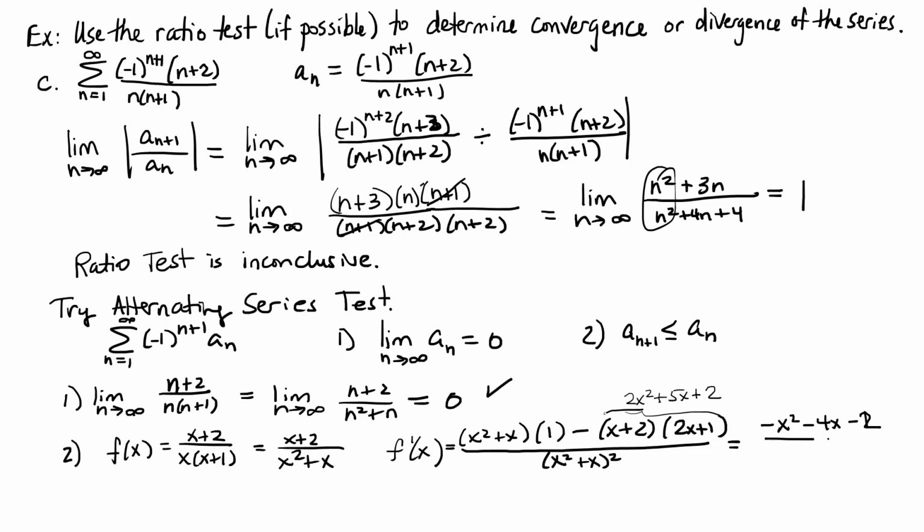And since the x's are all positive in our function, we're only looking at positive n's in our sequence, so that would be positive x's. This numerator is always going to be negative, and then the denominator will always be positive, so we get a negative overall. So what that means is that the function f is decreasing as long as x is greater than 0, positive.